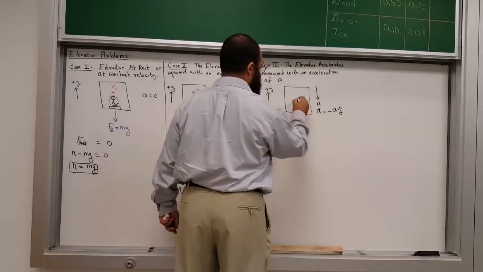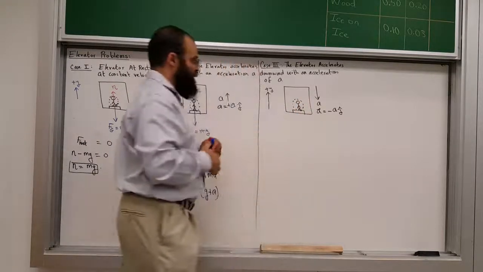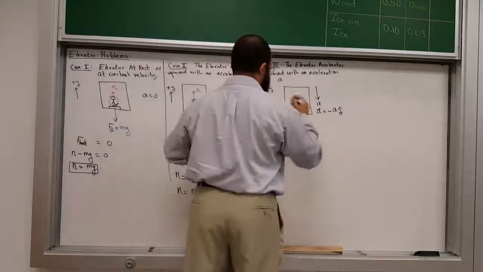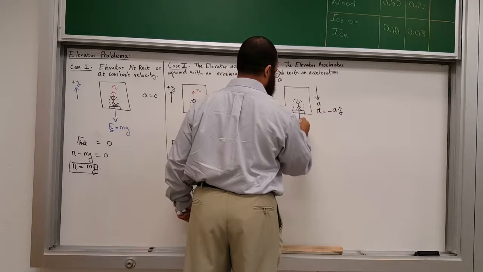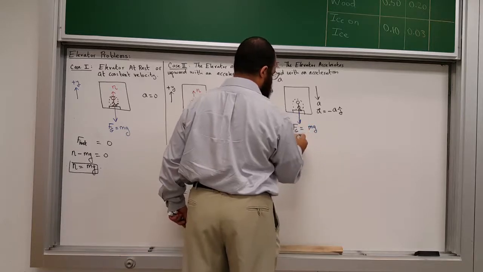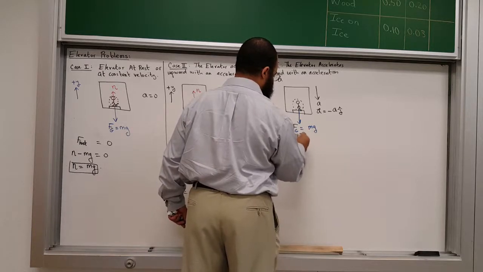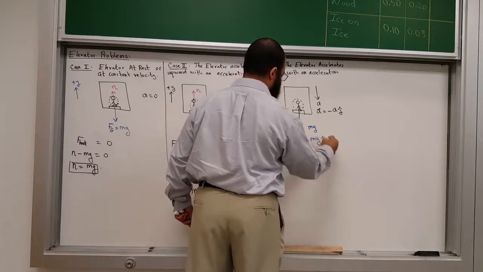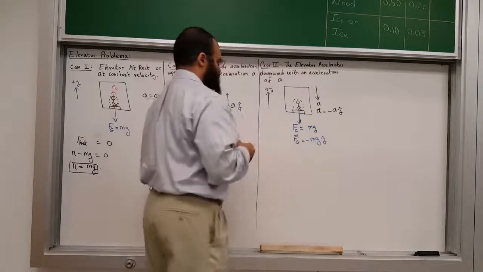Well, let's isolate the person or the entity we want to study. And we say, all right, there is still gravity, you're on Earth. Earth will pull you down. That's the force of gravity. It's equal to mg. Again, if you like to write the force of gravity as a vector, it's minus mg j hat.